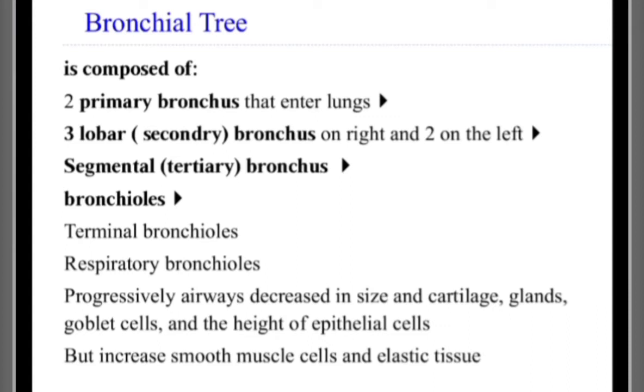Within a lung lobule, each bronchiole branches further to give rise to 5 to 7 terminal bronchioles, and each terminal bronchiole branches into 2 respiratory bronchioles, which divide further to give rise to the alveolar ducts.